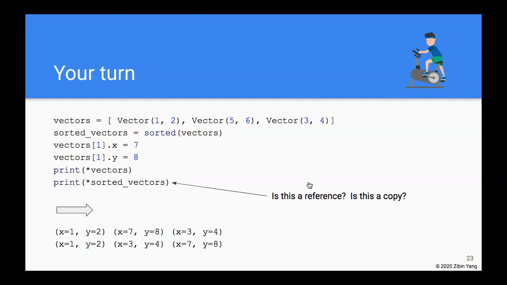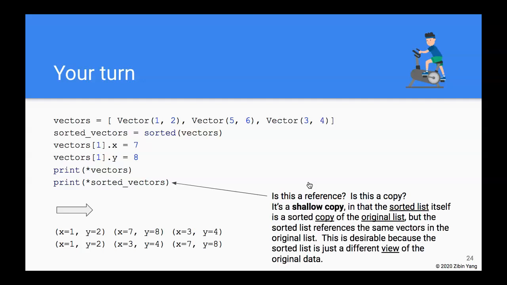All right, so hopefully you have thought about it and arrived at the conclusion that sorted actually returns a shallow copy of the original list of vectors. The reason is that in the sorted vectors, the orders are different from the original list of vectors, so it's definitely a copy, right? It's not a reference.